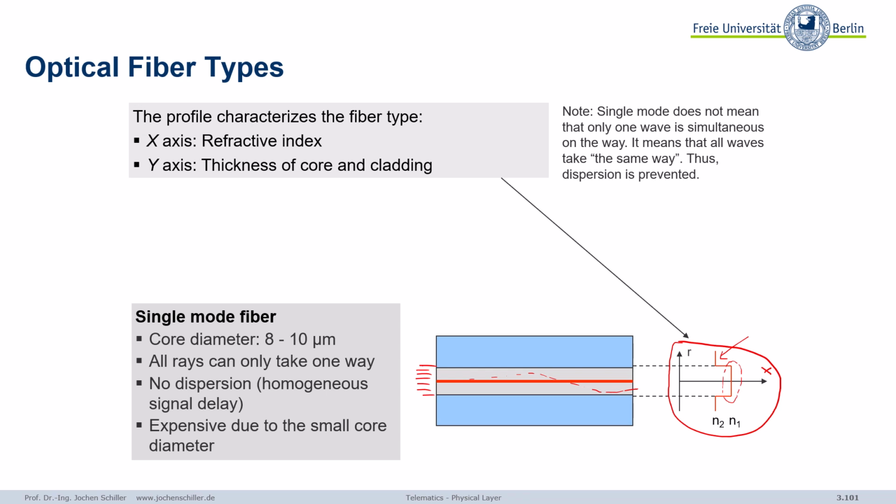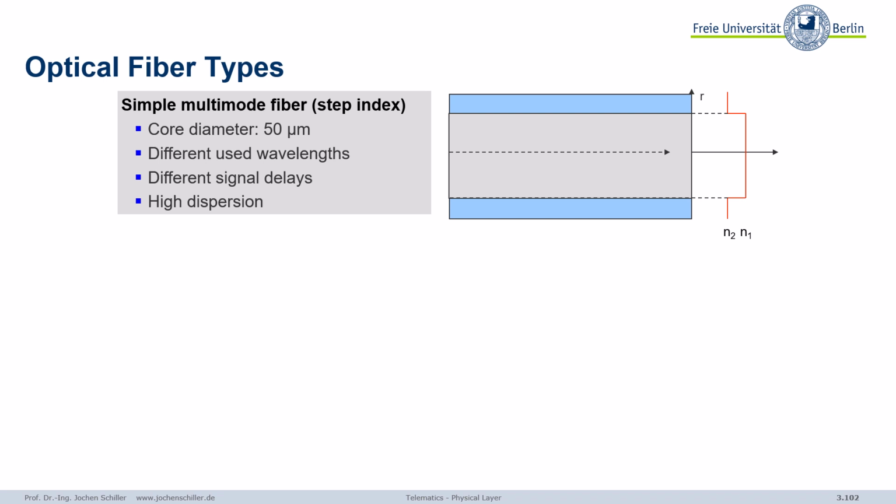This is why there's also a simpler so-called multimode fiber with a step index. Why step index? Because the index change is indicated by this step. So we suddenly change from a lower to a higher refractive index exactly here at this border. Core diameter here is 50 micrometers, so it's simpler to manufacture.